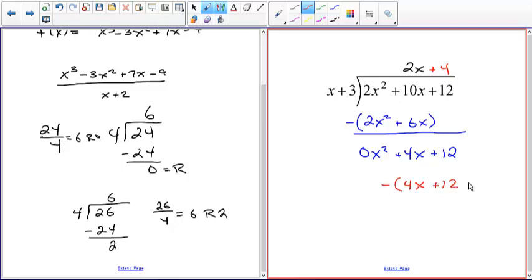I subtract that. Again, I subtract in the appropriate columns. Or I add a negative, add the additive inverse, either way you want to think about it. So 4x minus 4x is 0x. 12 minus 12 is 0. So in this case, I have a remainder of 0.